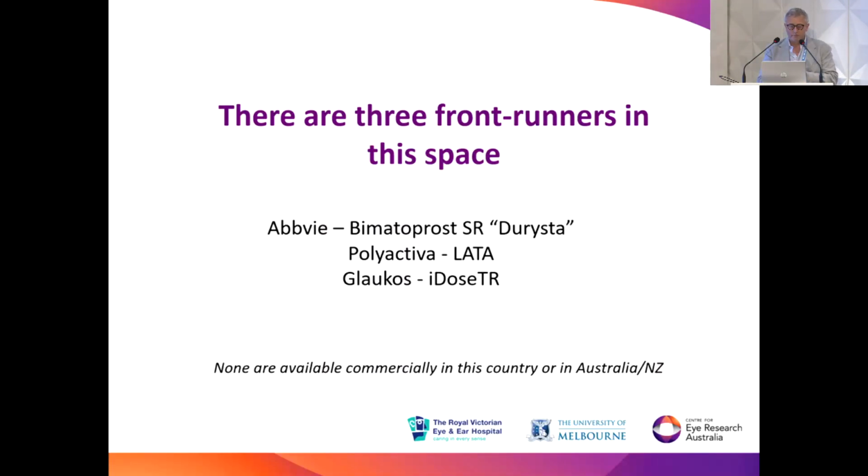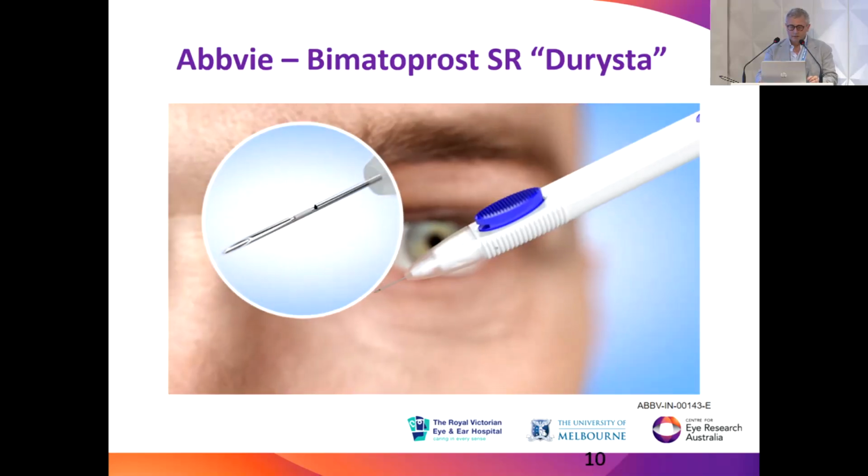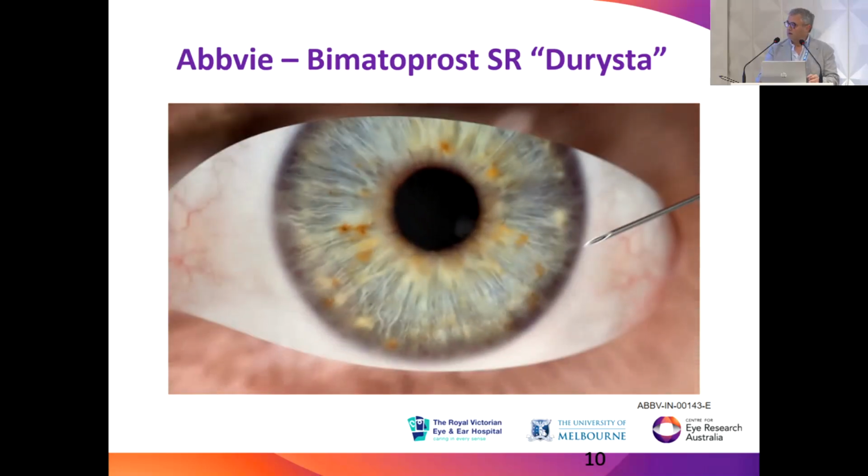So the idea of using a sustained release agent inside the eye has been an attraction for some time, and there are now 3 of these that are at an advanced stage or commercially available somewhere in the world. There are 3 front runners in this space. One is AbbVie's Bimatoprost SR, a so-called Durysta. There's a Polyactiva product, which is from Australia, and I'll talk a little bit about that. And then there's the Glaukos iDose TR. They're all effectively prostaglandin release. There's a little movie from AbbVie.